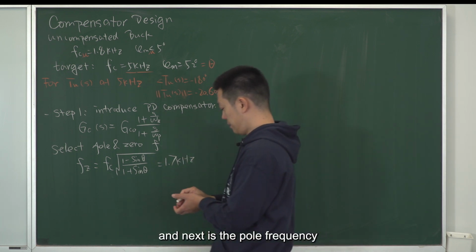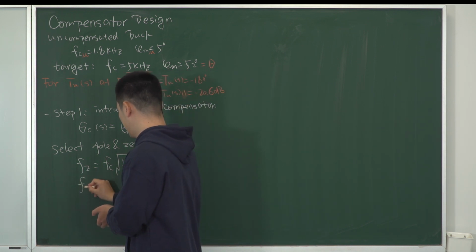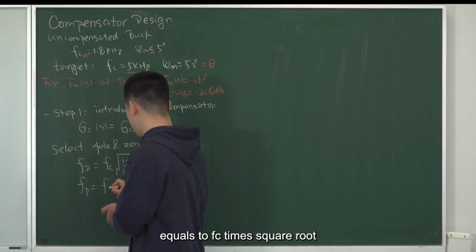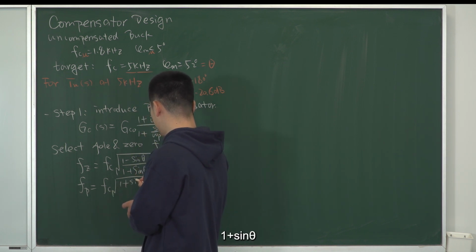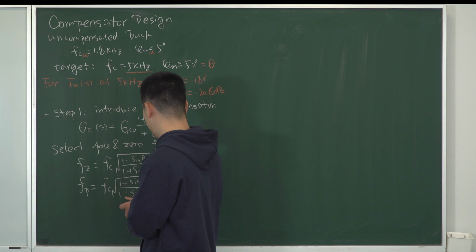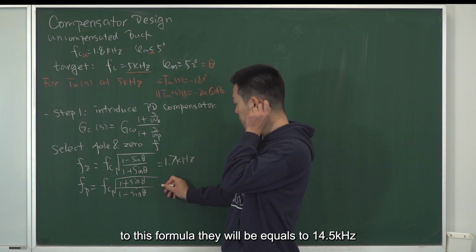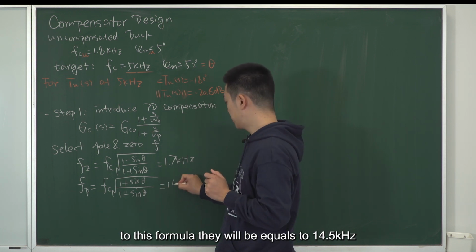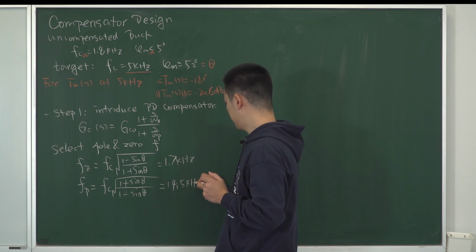Next is the high frequency pole frequency, which equals FC times the square root of 1 plus sine theta over 1 minus sine theta. Inserting the values into this formula, this equals 14.5 kilohertz.